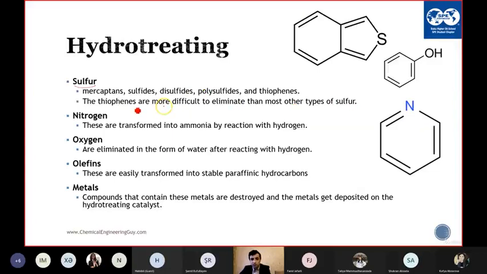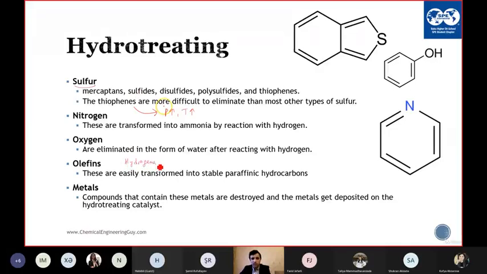More difficult means that you need higher pressure and higher temperature to treat thiophenes. And nitrogen, oxygen, olefins are easily transformed into stable paraffinic hydrocarbons, because it's not only hydrotreating, but it is also hydrogenation.